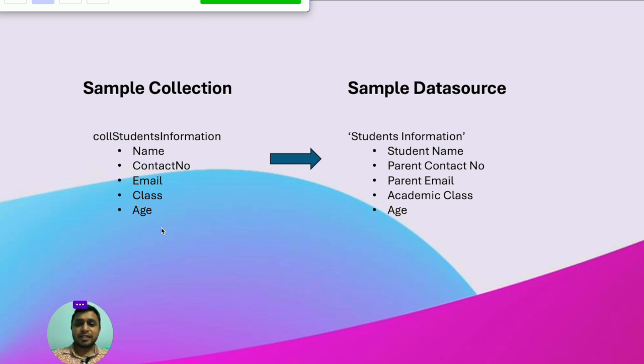Now this data needs to be committed to another data source that has student information again. So this is the name of the data source. The field names are different: student name, parent contact number, parent email, academic class, and age, right? So now there can be 10 students, 20 students, 50 students in this particular collection, and all of them have to be added in this data source.